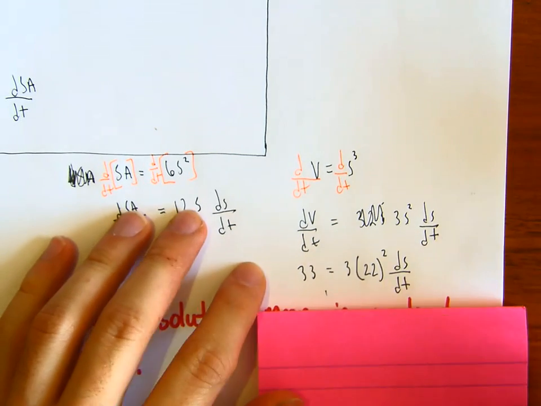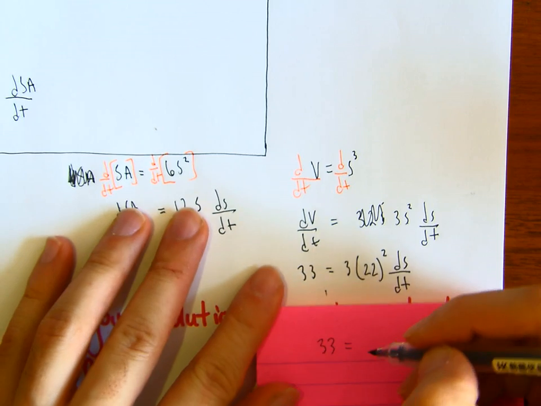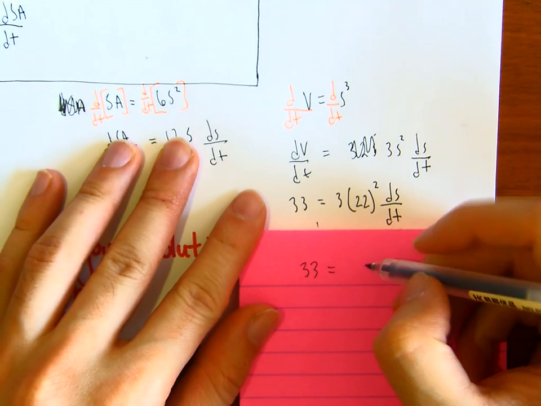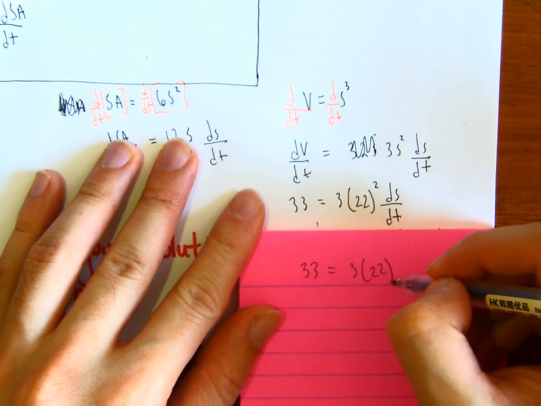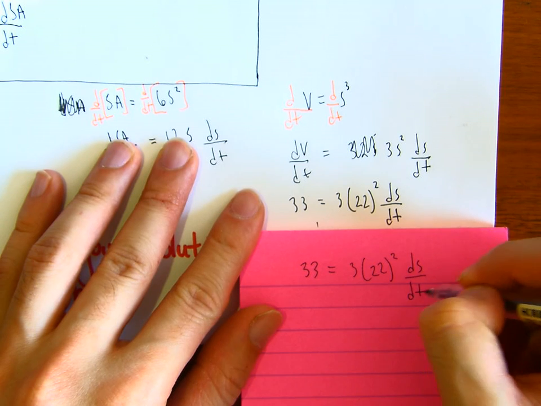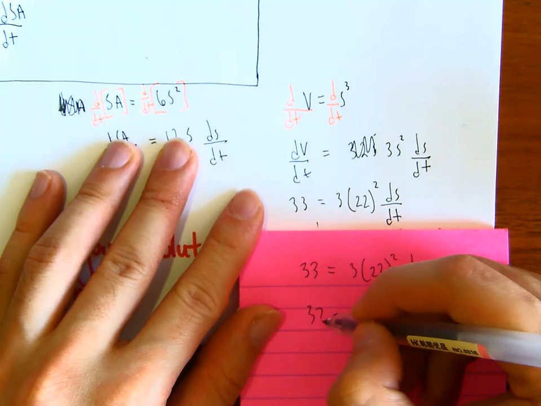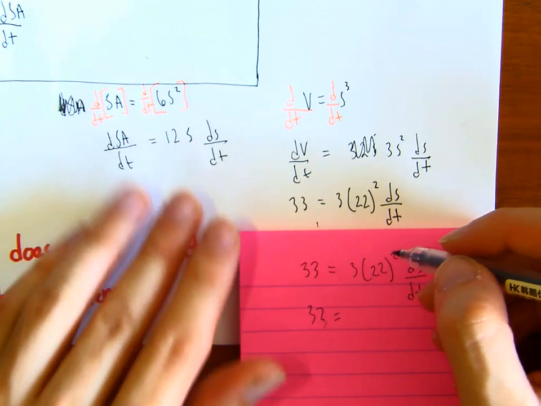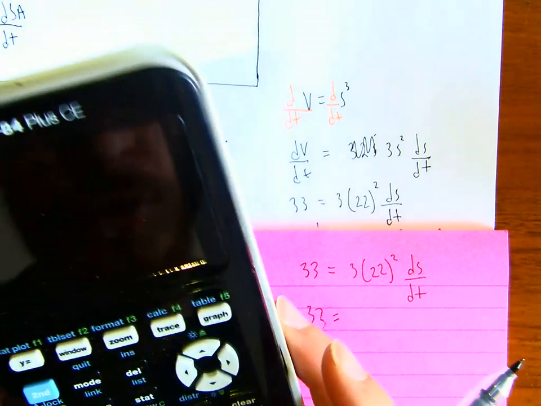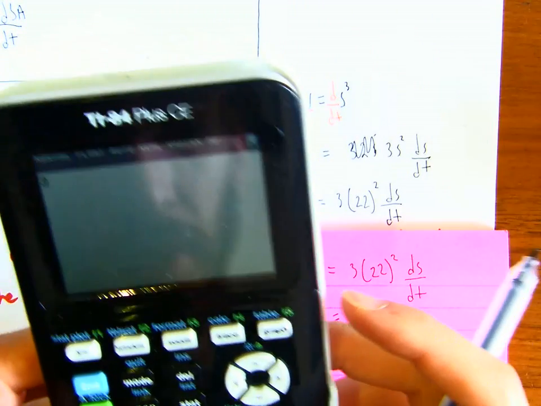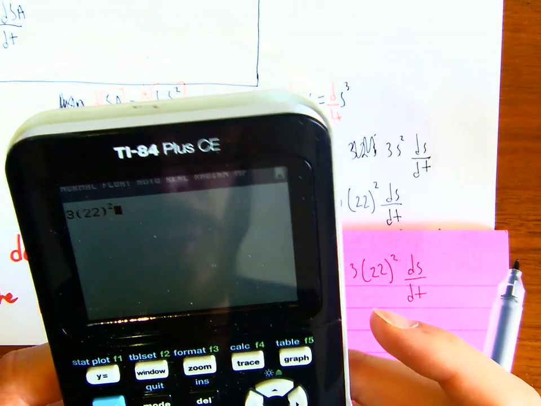How do you actually continue with this? If you have 33 is equal to 3 times 22 squared ds/dt. So what is 3 times 22 squared?